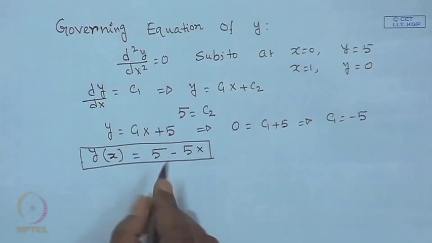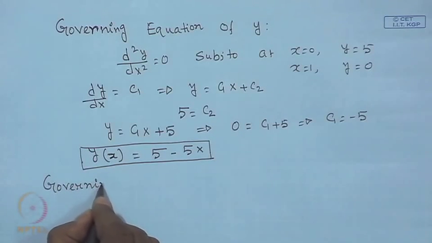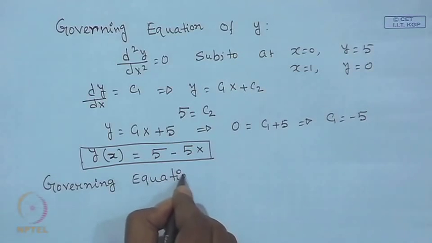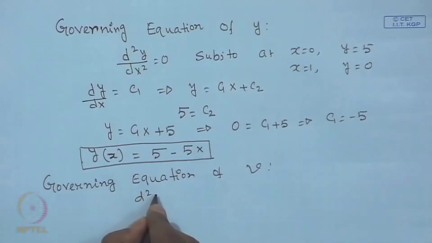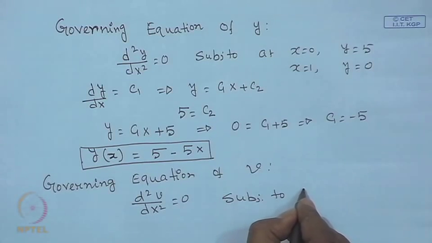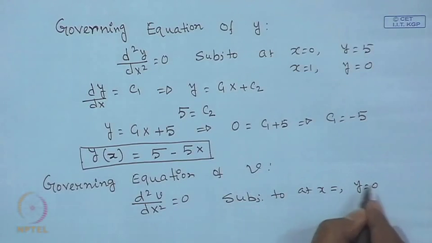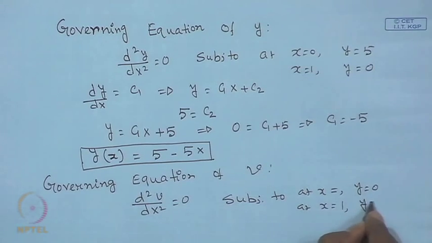Okay. Now, let us look into the second subproblem v. The governing equation of v will be d square v dx square is equal to 0, subject to at x is equal to 0, v is equal to 0, and at x is equal to 1, v is equal to 10.